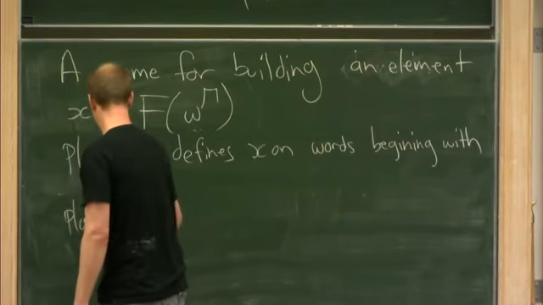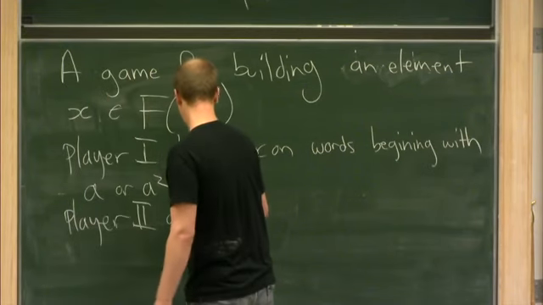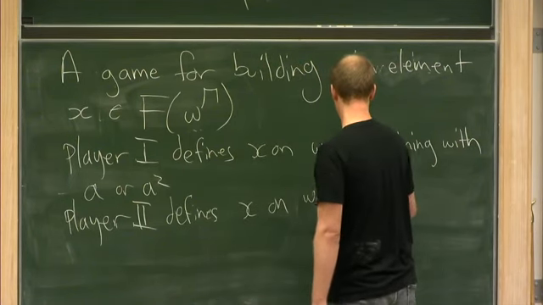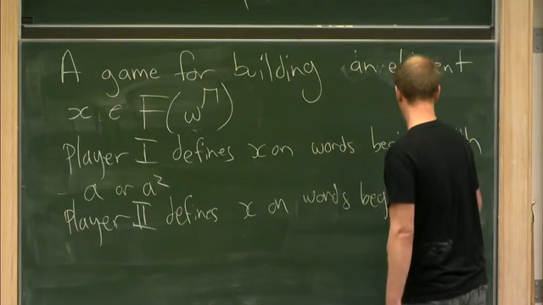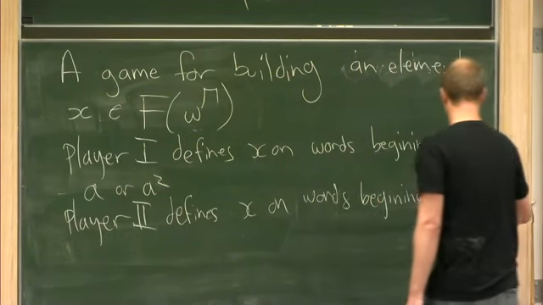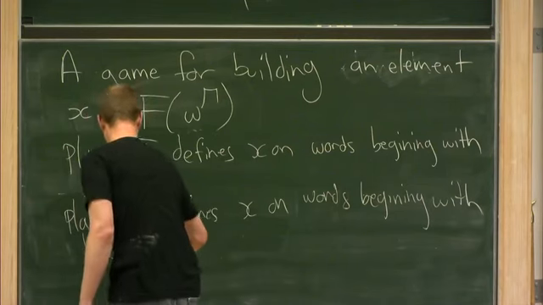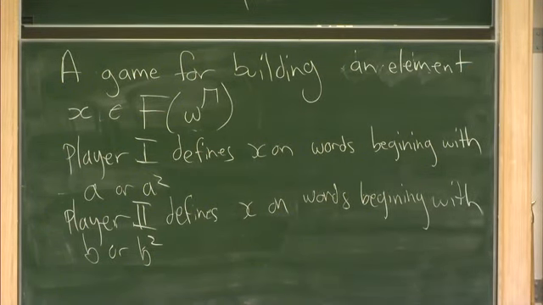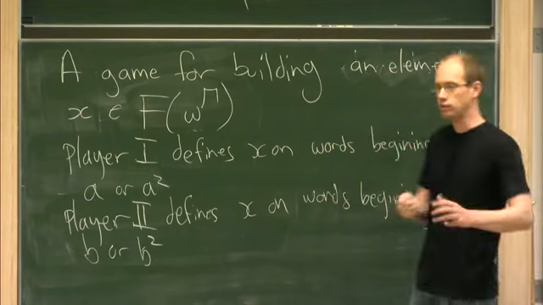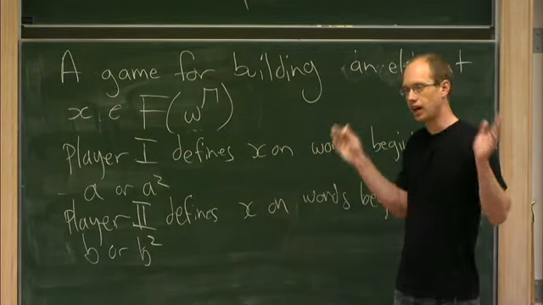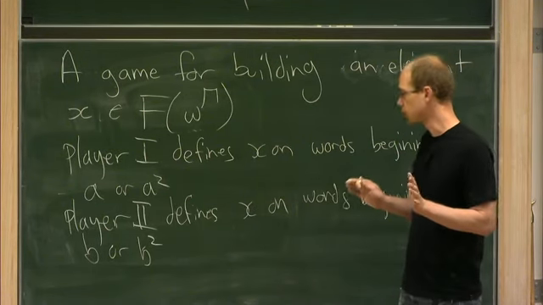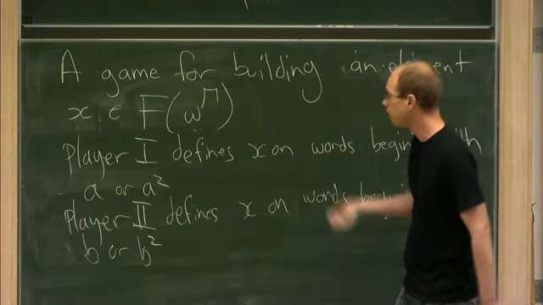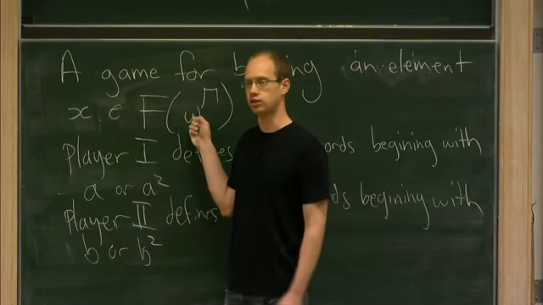Player 2 defines x on words beginning with powers of b. And at the end, I haven't told you exactly in what order they define the value of x on these group elements. It's unimportant to understanding the larger structure of the proof, but at the end, the winning condition is that, let's say player 1 wins if the x that I make doesn't correspond to an edge in the matching.